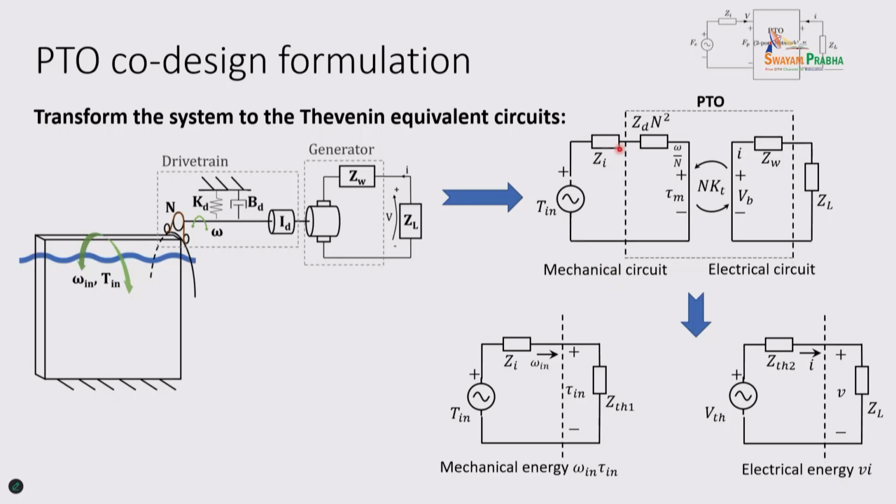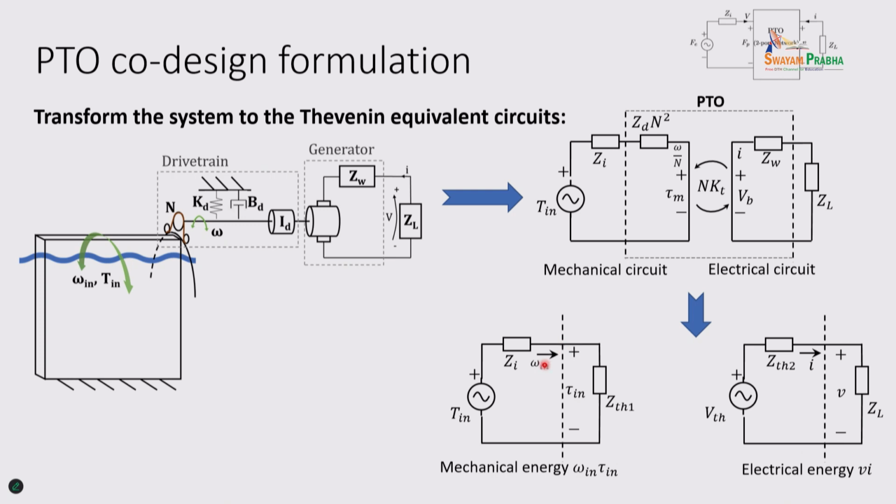Control code design, as you can see, is a nice framework that allows you to consider the hydrodynamics part, the mechanical transmission part, the generator part, and the feedback control part. You put everything together. You can consider the mechanical power and electrical power.